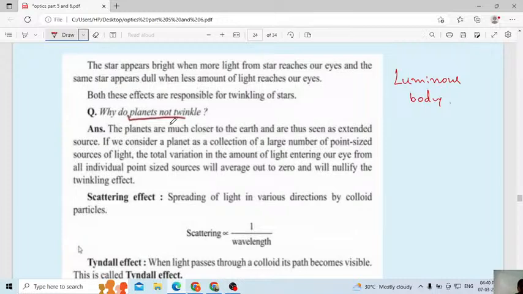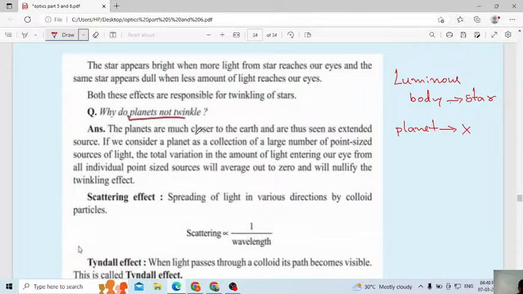Next, why do planets not twinkle? Why will the planets not twinkle? Because planets are non-luminous bodies. A luminous body is a star because it produces its own light. A planet is a non-luminous body, correct? It does not produce its own light. Very simple example.